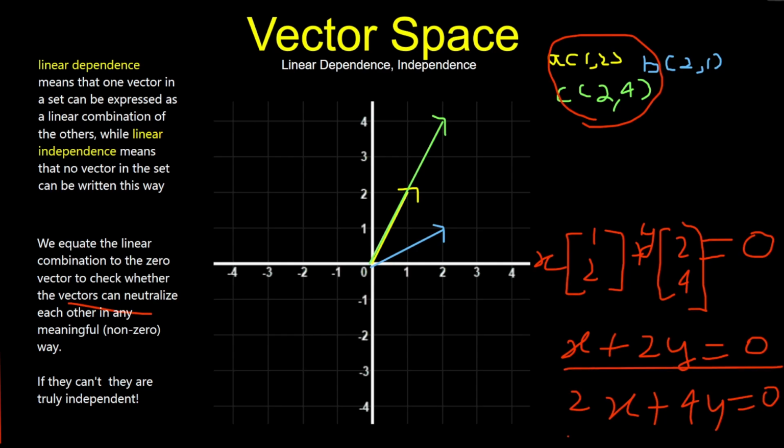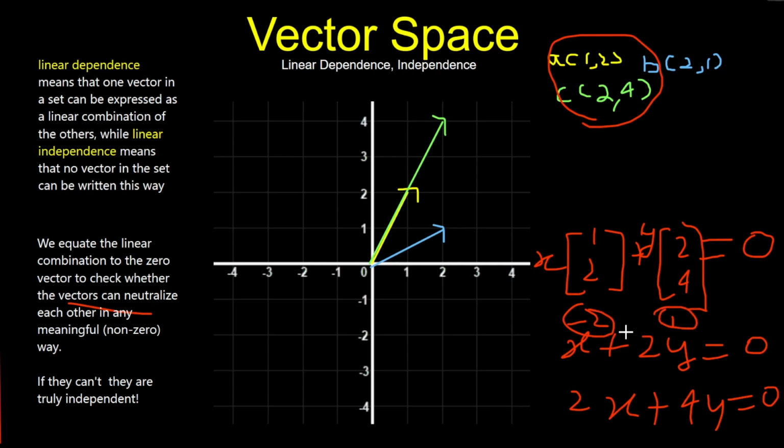So if we solve this, we will actually have the solutions as non-zero values, which are minus 2 and 1.